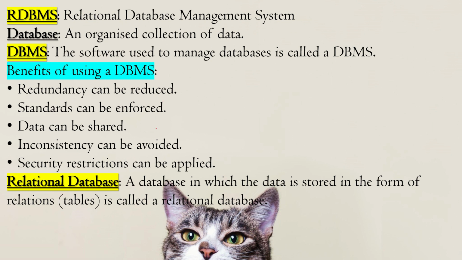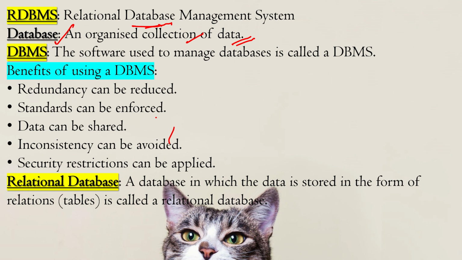Now here in RDBMS we saw database, right? What is a database? A database is an organized collection of data. An organized collection of data is called a database. Okay, database is really important. In this topic you will hear this term frequently. Now DBMS. What is DBMS?